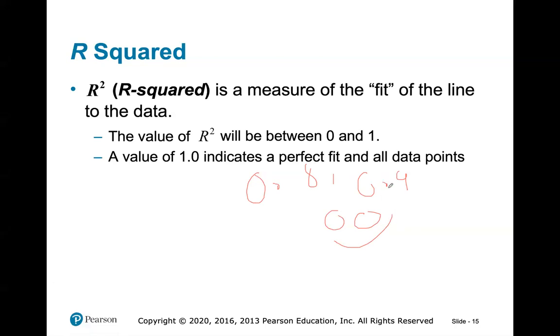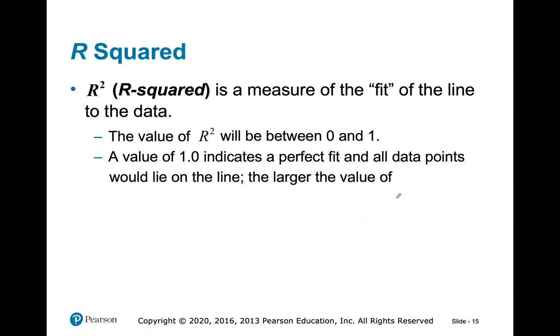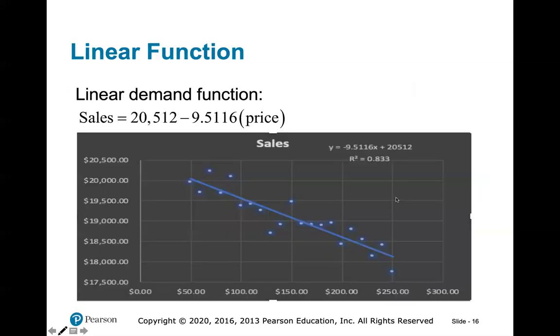Now, you can actually find your R-squared using the trend line tool, and I'll show you how to do it. The larger the value of the R-squared, the better the fit is. Now, how do you find R-squared? Let's go back.